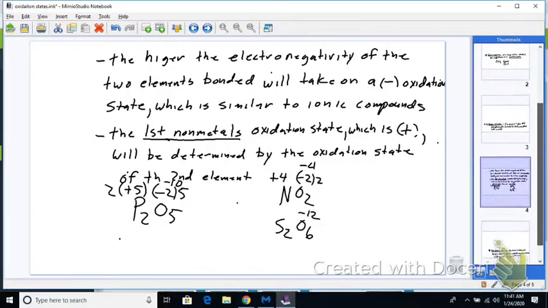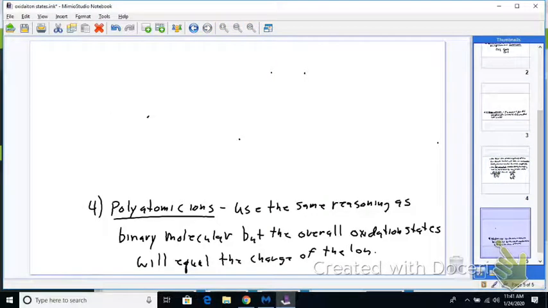You don't have to write this down, because polyatomic ions work the same as binary molecular. So if I've got a polyatomic ion, I'm going to use the same reasoning as I did for the binary molecular. But what's the difference?